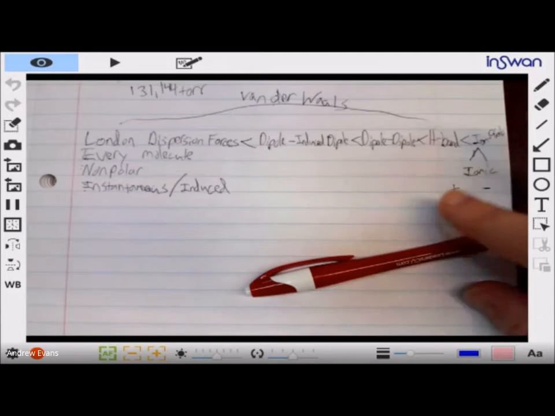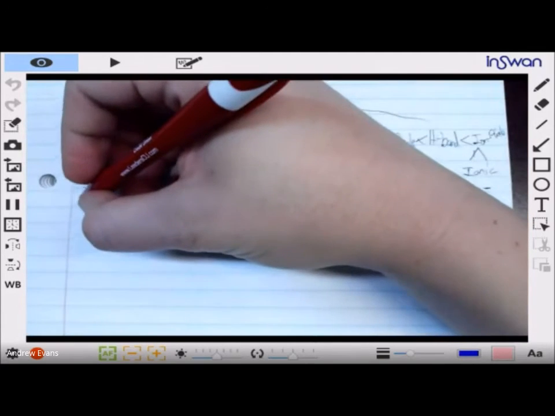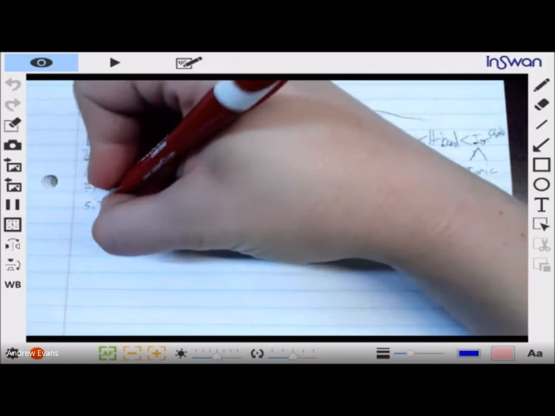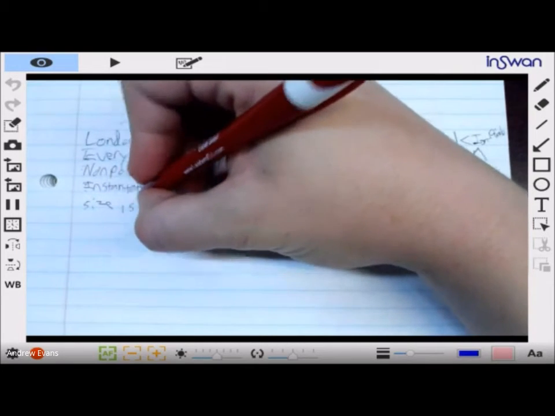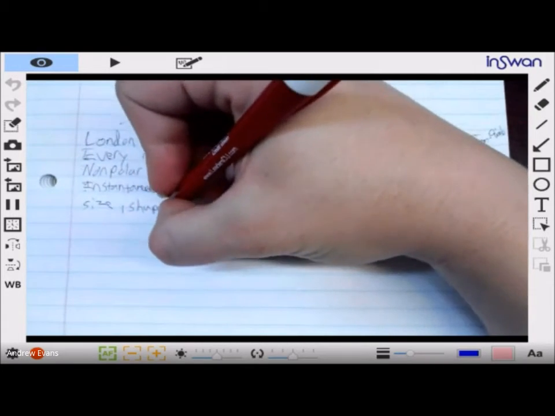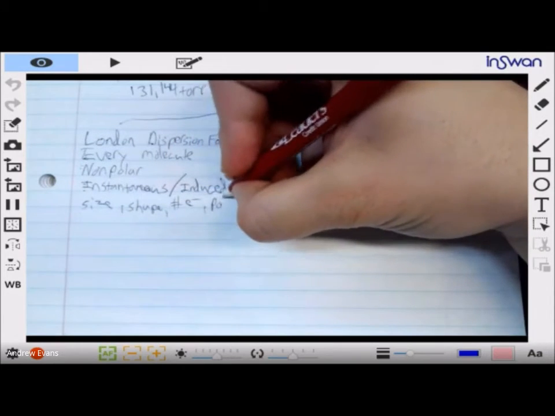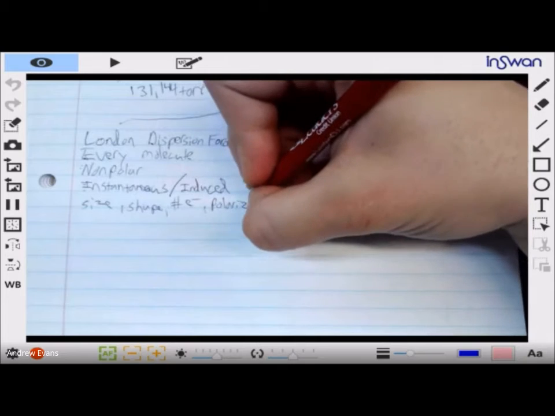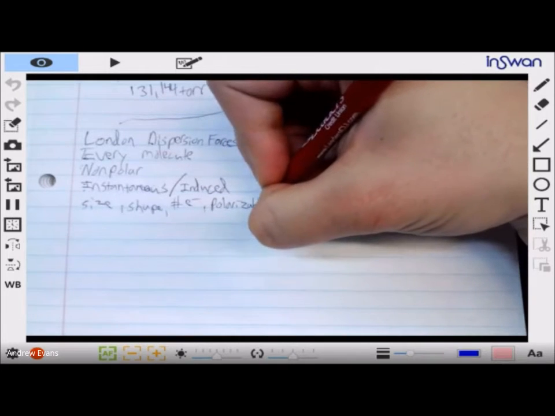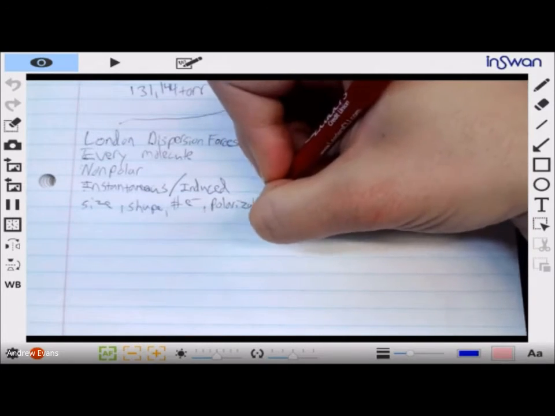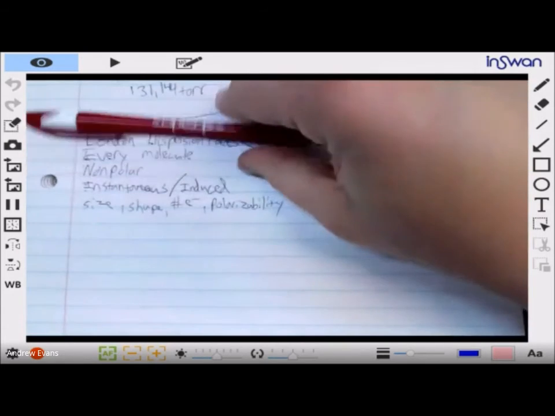So London dispersion forces are controlled by size, shape, number of electrons, and polarizability. How easy is it to move those electrons around? Like iodine is very polarizable.